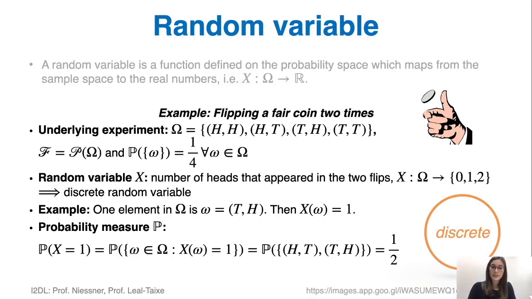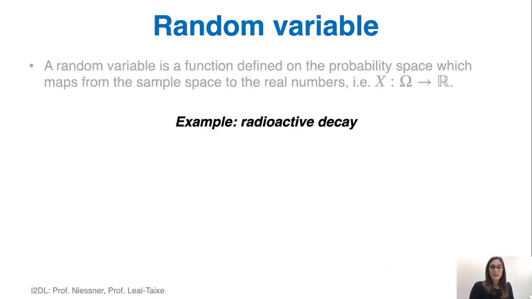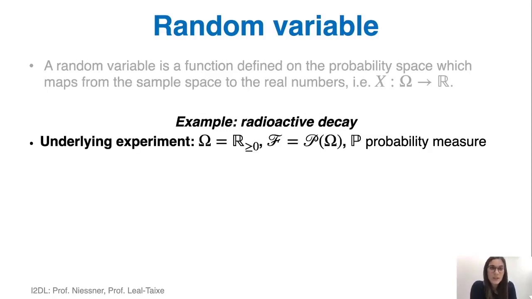Okay, so this is another example. I really quickly want to look at also a continuous example. So let us have a look at radioactive decay. When we want to look at a particle which is radioactive and we want to look at the decay of it, the underlying experiment that we are looking at is a set omega, which is now defined to be the set of all real values greater or equal to 0, so the positive part of the real values.